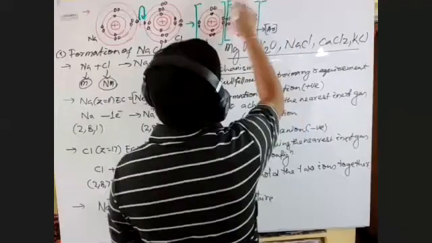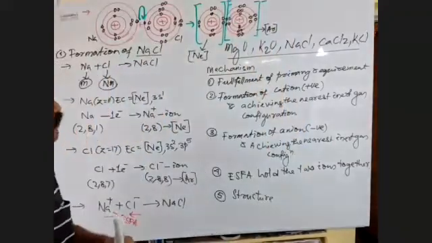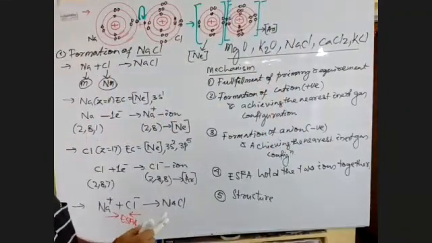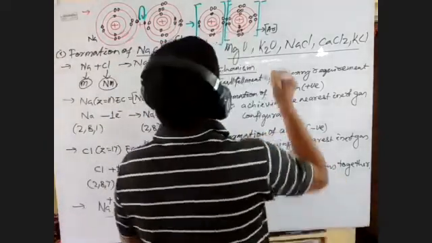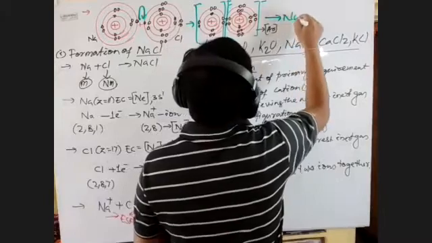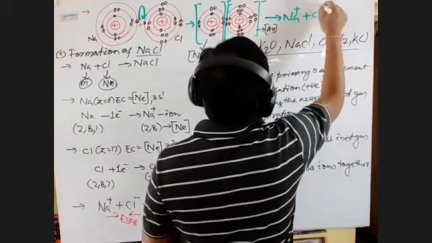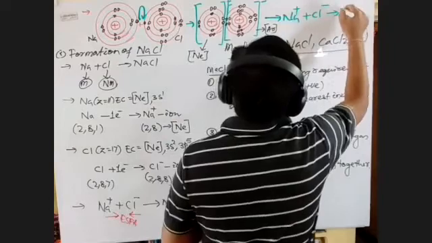Now the two ions are held together by electrostatic force of attraction. So it will form Na+ and Cl-, forming NaCl.